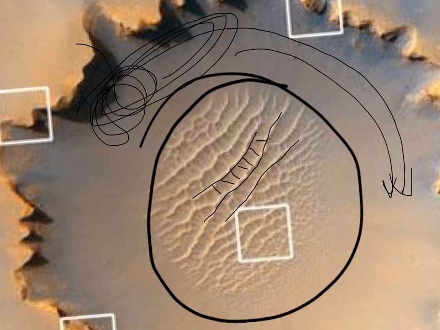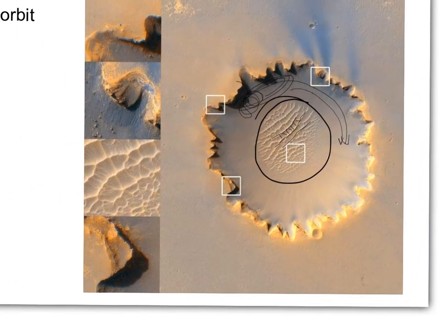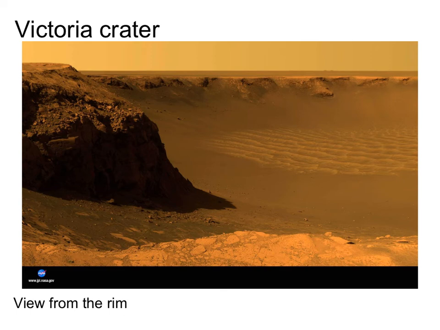So this really shows you in detail the complex wind patterns that you find inside the crater, and how that influences how the dune fields are showing up. This is just what it looks like from ground level. A picture from the Opportunity rover, again showing those complex dune formations in the center of Victoria Crater.